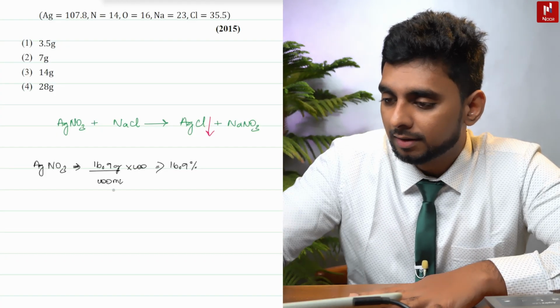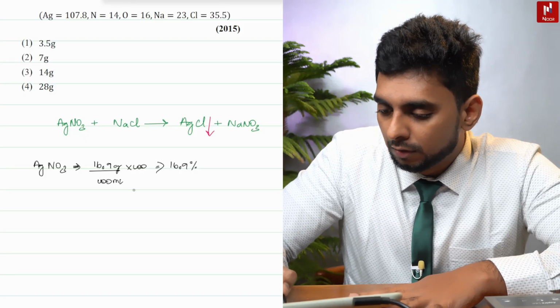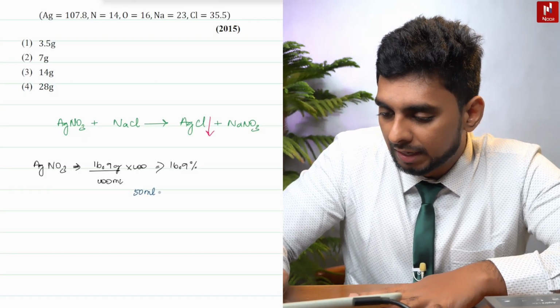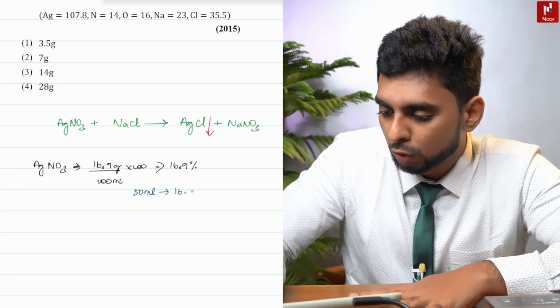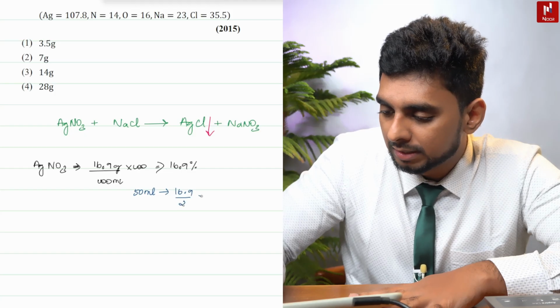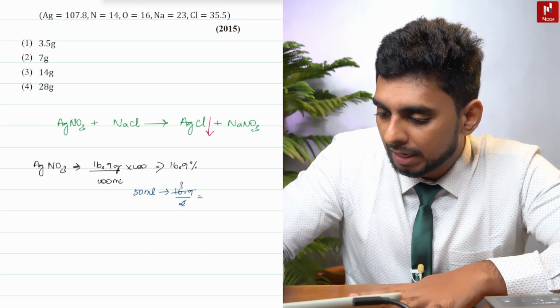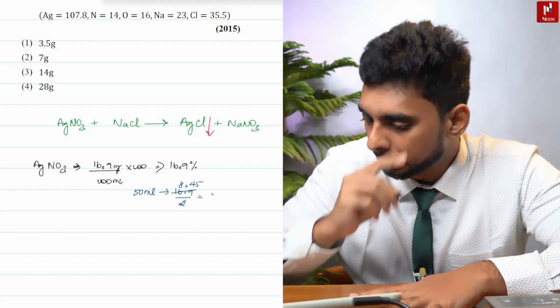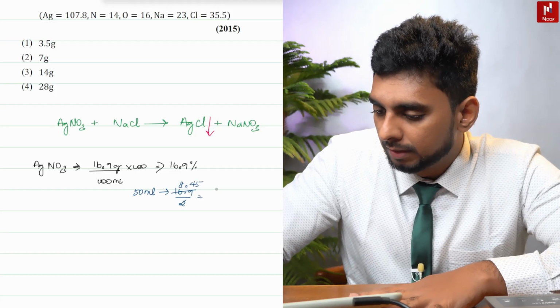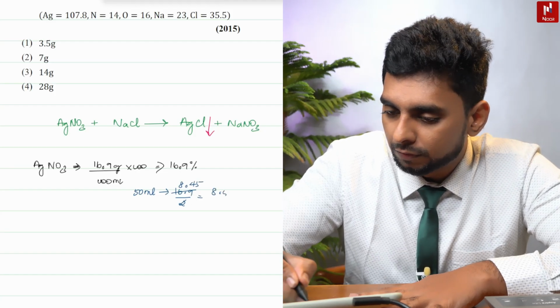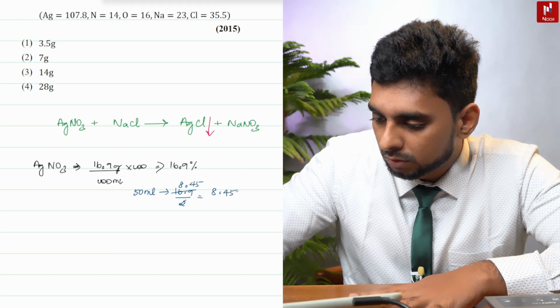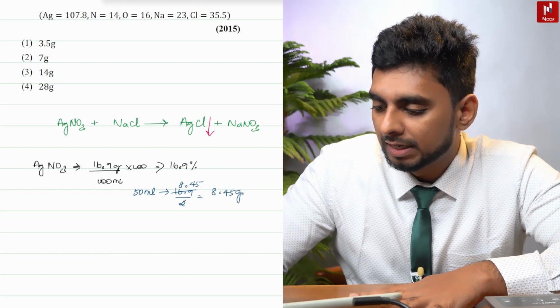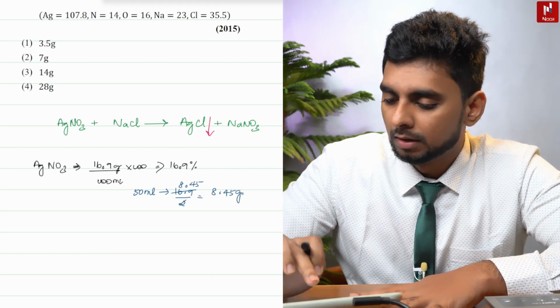So for 50 ml of AgNO3, that will be 16.9 divided by 2, which is 8.45 gram. So this was the amount of AgNO3 that was present in that solution.